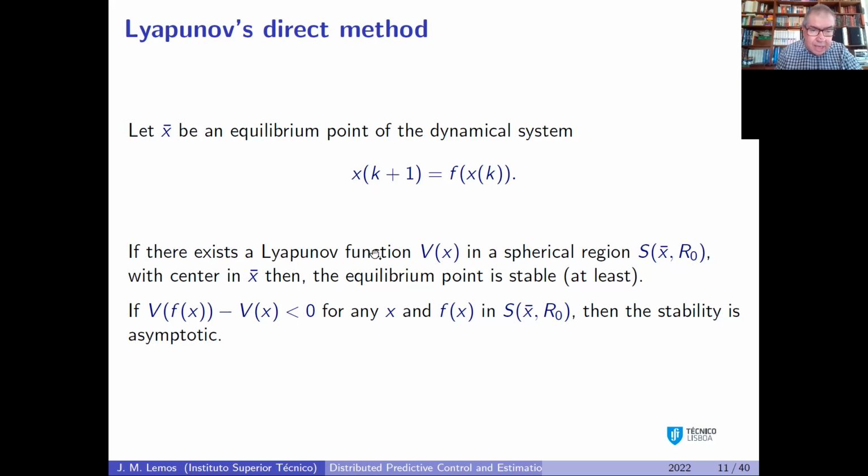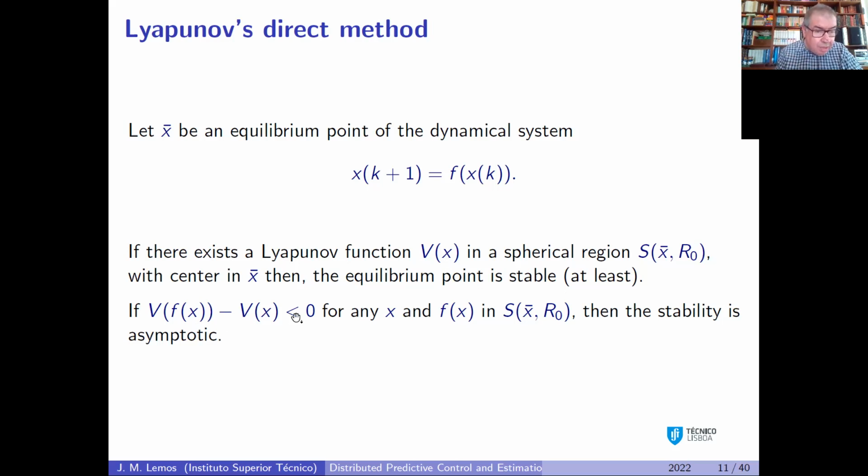If you can find the Lyapunov function V of x in a certain region around the equilibrium, then the equilibrium point is stable, at least. It can be asymptotically stable if the variation of the Lyapunov function is strictly smaller than 0. Okay, so this is the result.